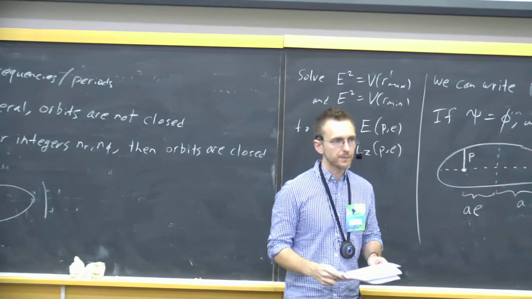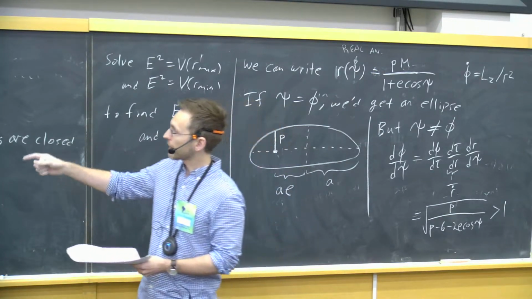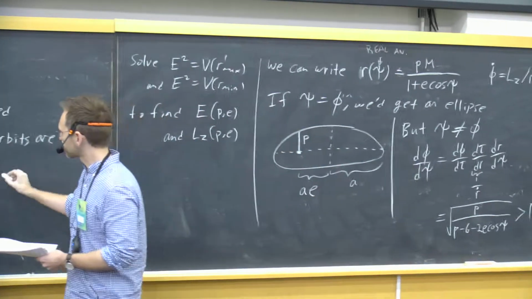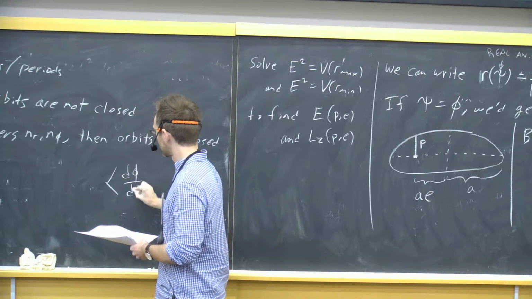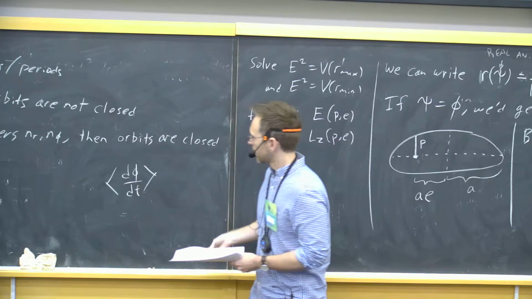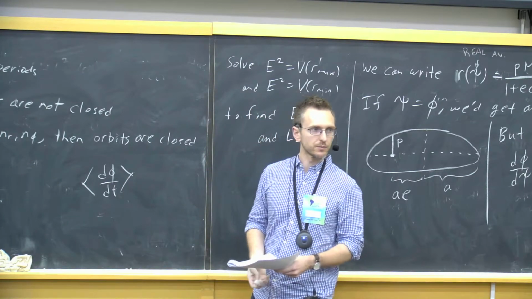Sorry, T_phi, can you say again how it is defined? It's the average of this integrated over a period, so over one oscillation.